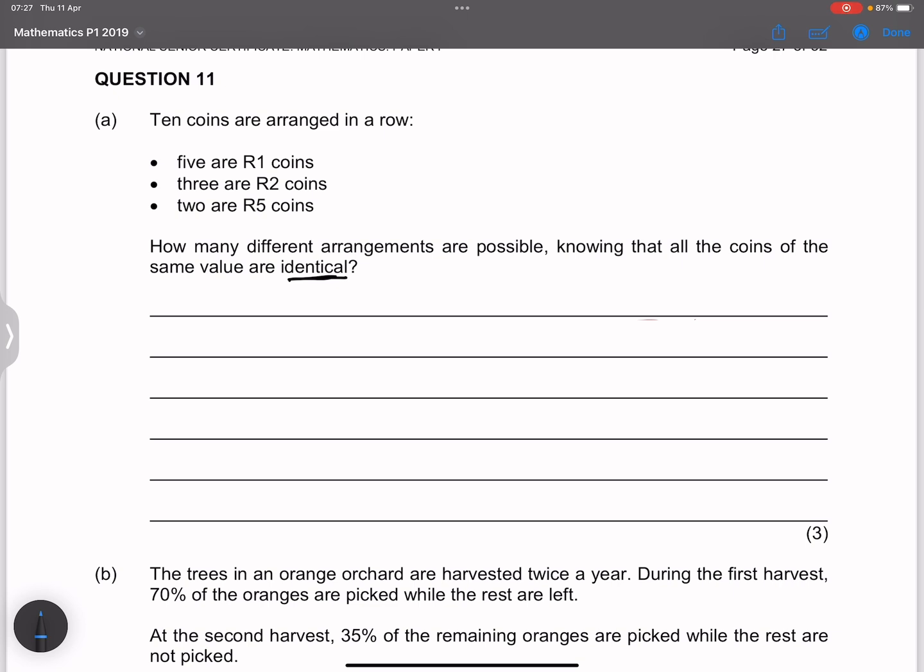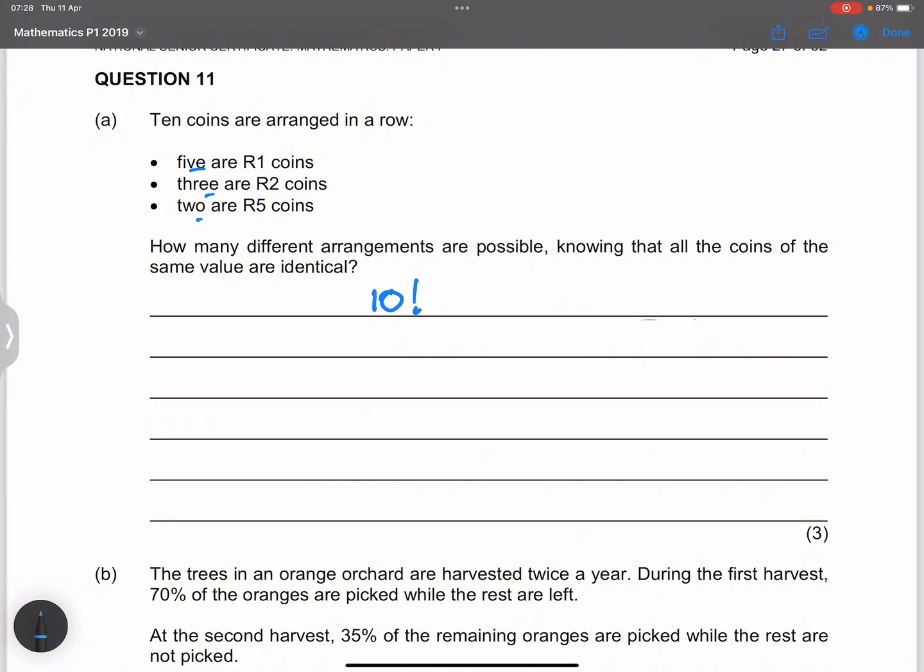So there's repetition that is involved, right? If you've seen me do probability, you would know. If we were not considering repetition, the number of arrangements would be just 10 factorial, which is 5 plus 3 plus 2, so it's 10 coins.